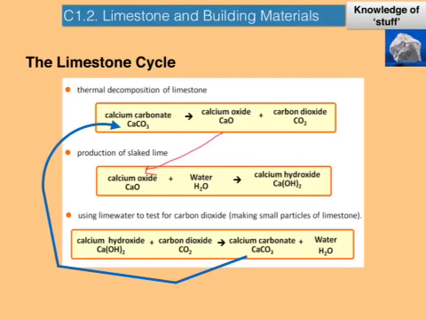Now, the other name for calcium hydroxide, if you've added enough water to it, is lime water. So calcium hydroxide is also called lime water, and if you add carbon dioxide to the lime water, and some of you will have seen this done in class, what happens is you make calcium carbonate.